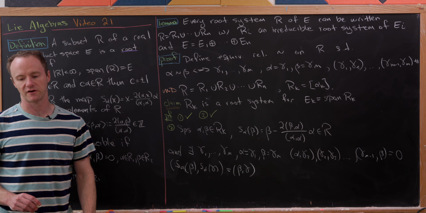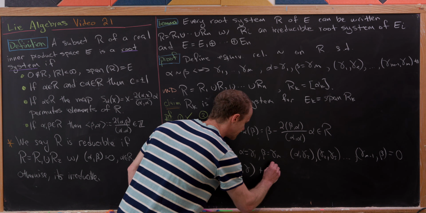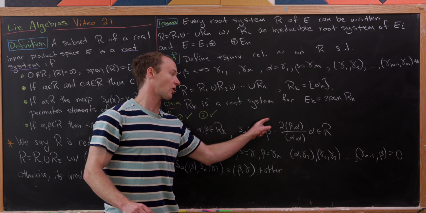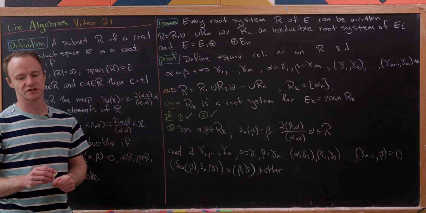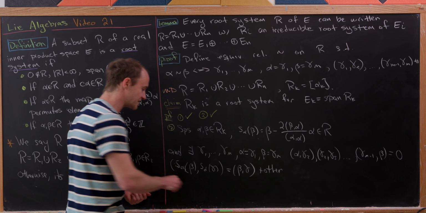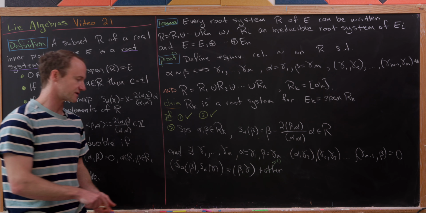And then we're going to have a bunch of other terms, the cross terms from this expansion. Maybe it'd be a nice little homework exercise to work those out. But the nice thing is that these cross terms all cancel.